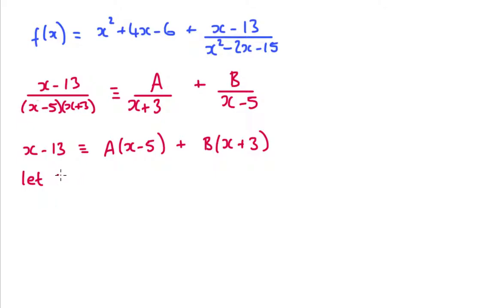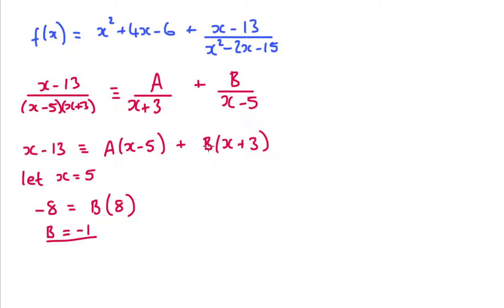So the first thing I'm going to do is let x equal 5. When x equals 5, the left, we're going to get 5 minus 13, which is negative 8. And on the right, the first bracket's going to be worth 0, so A will go, and we'll be left with B times this bracket, which is going to be 8, which tells us that B is worth negative 1.